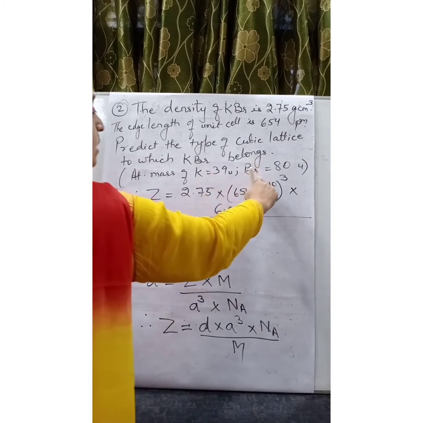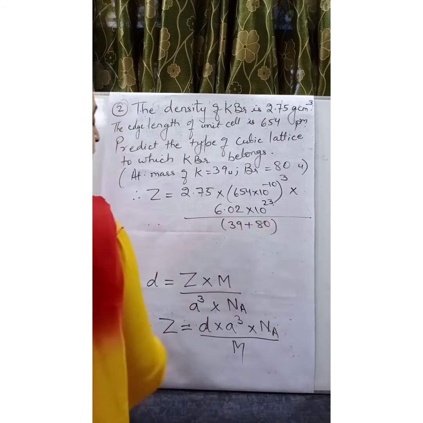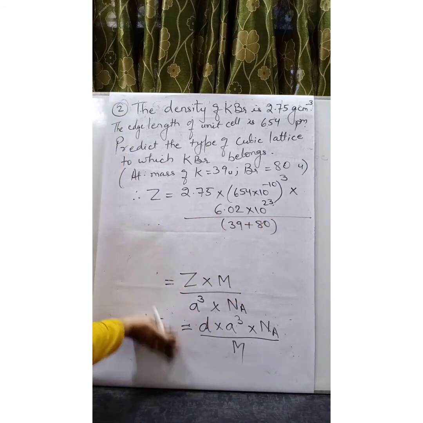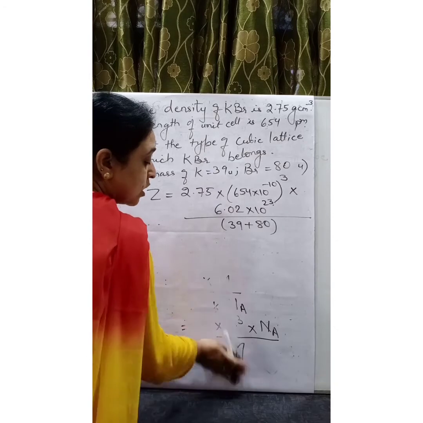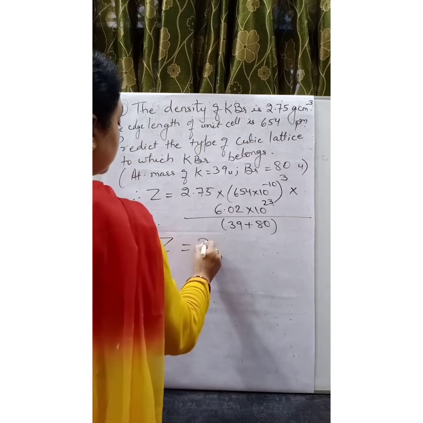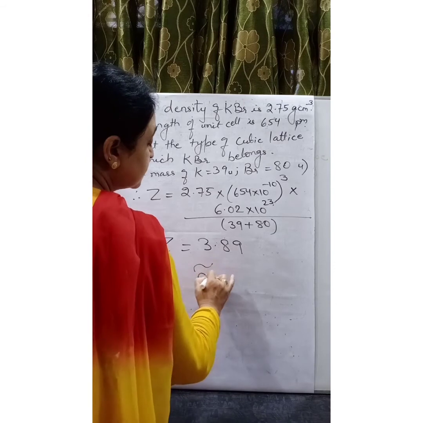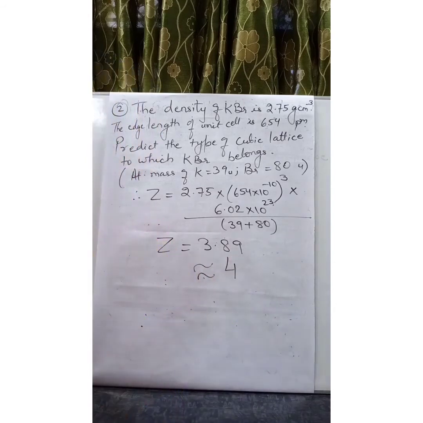Potassium is 39 and bromine is 80. So 39 plus 80 will give you the molar mass of KBr. When you solve this, you are going to get your answer as 3.89, which is approximately equal to 4.